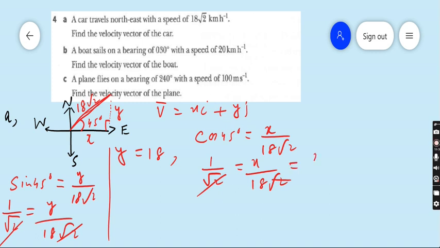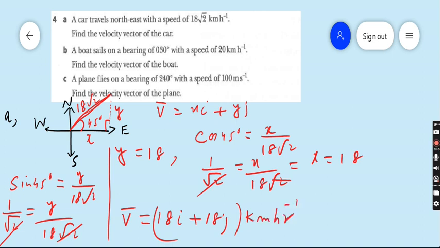This implies that x is 18. The velocity vector v equals xi plus yj, which is 18i plus 18j kilometer per hour. So this is the answer of part A. I hope you understand how to find the velocity vector with the help of speed.